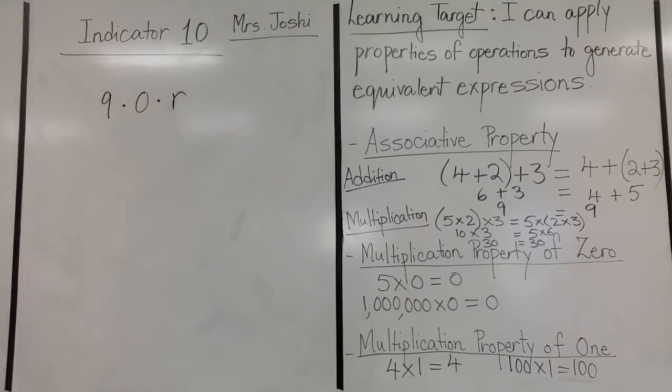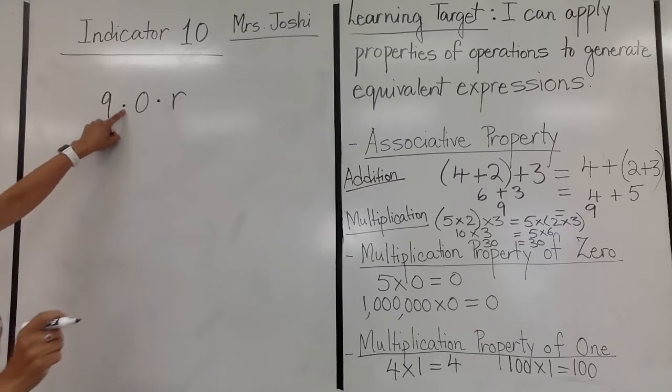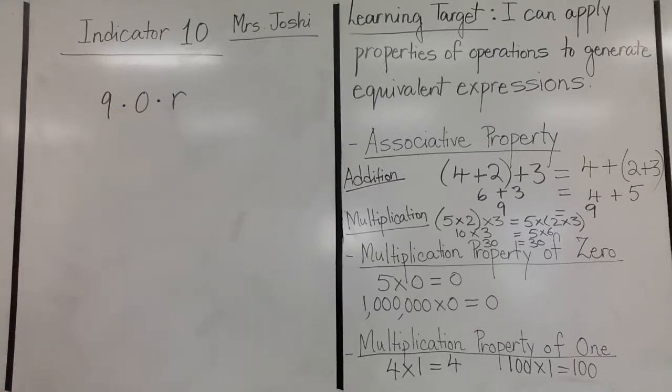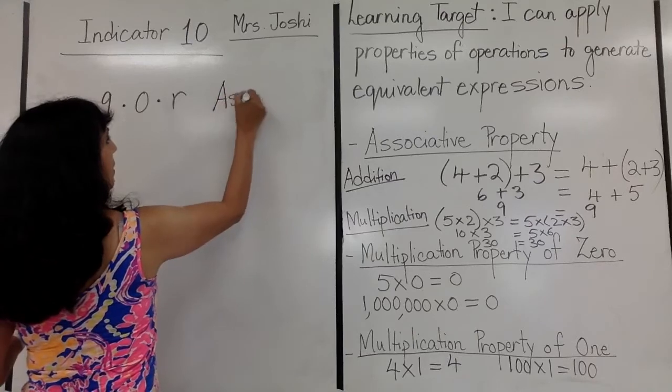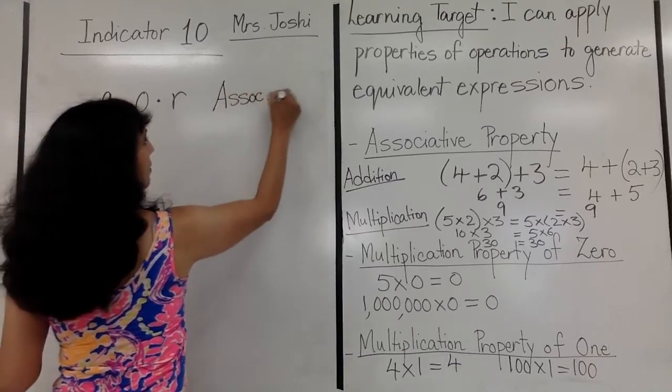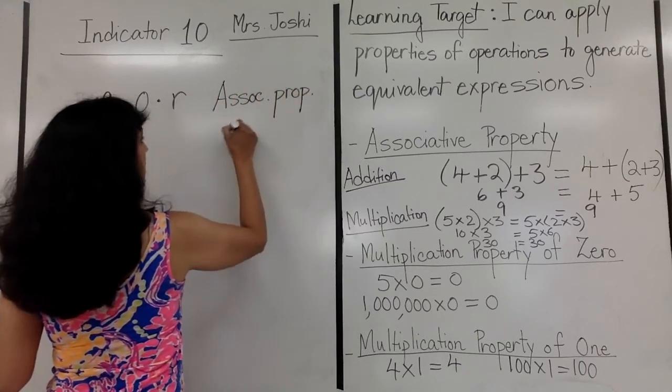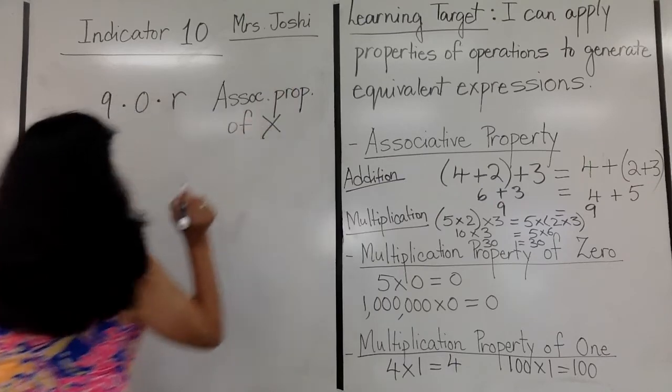If something like this is given to you guys, please remember decimals are written at the bottom, but when it's written up here, this also means multiplication. So when it's written like this, we are first going to use the associative property of multiplication.